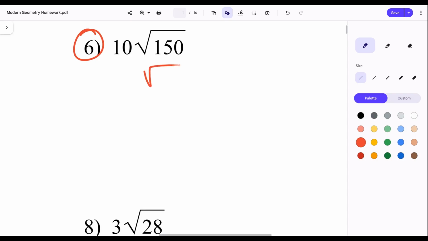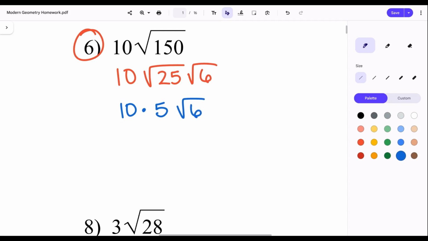So I'm going to rewrite this as the square root of 25 and the square root of 6. What else do I need, though, here? The 10. That's got to tag along. It's like playing third wheel right now. What's the square root of 25? 5. Can I do anything with the 6? So what is your final answer? Good, 50. How did we get the 50? You take the 10 times the 5.